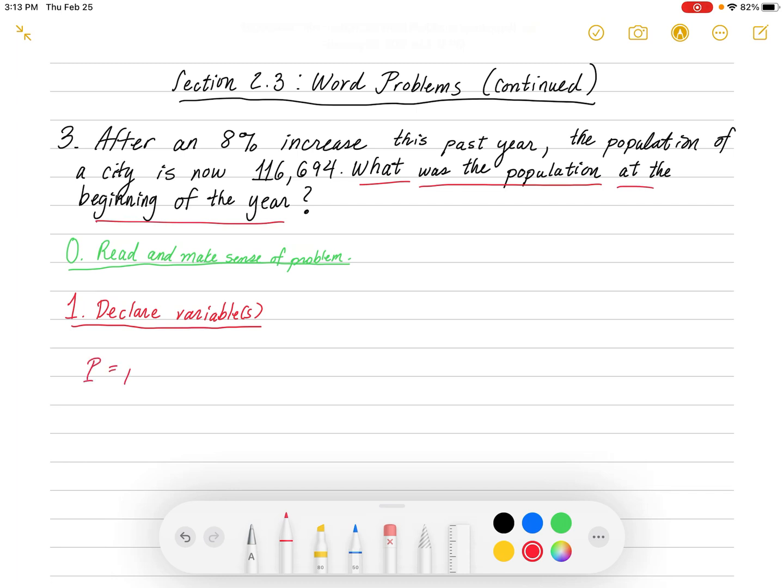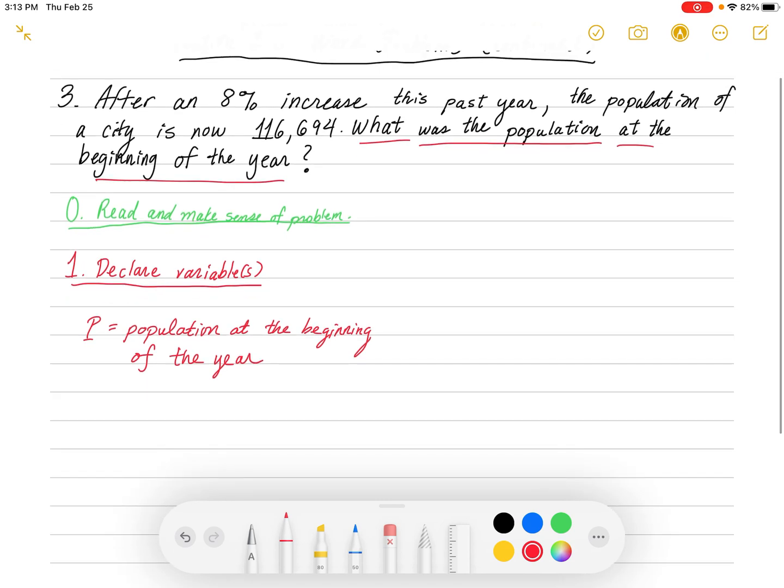We're going to call P the population at the beginning of the year. That's what we're looking for. That's the only thing we're looking for.